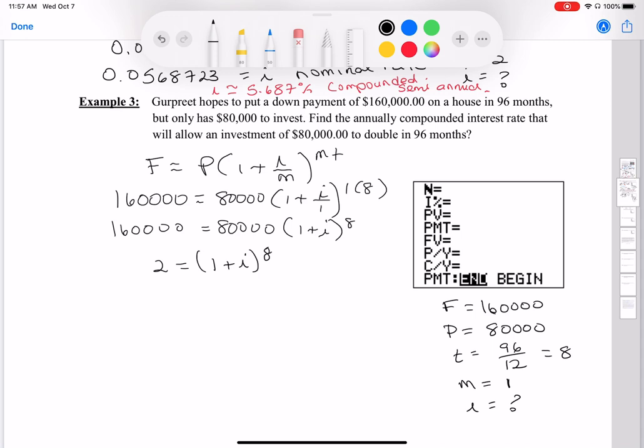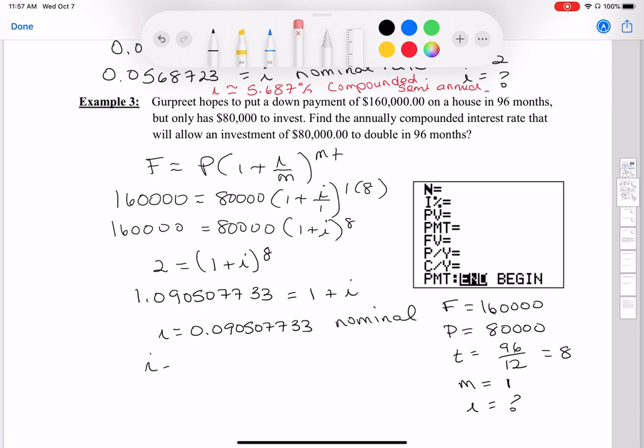You're going to take the 8th root of both sides. And simply then subtract 1 from both sides. So you get that your nominal rate is about 9.05% compounded annually.